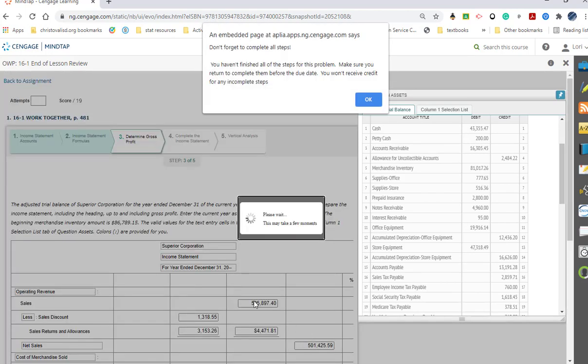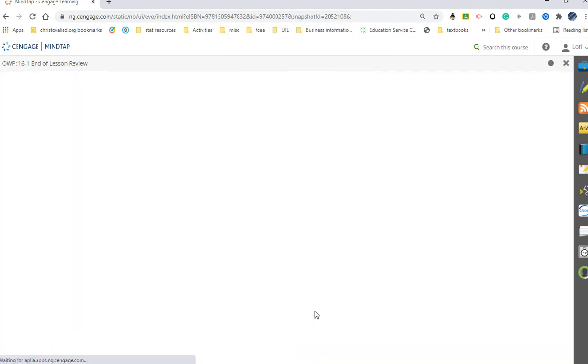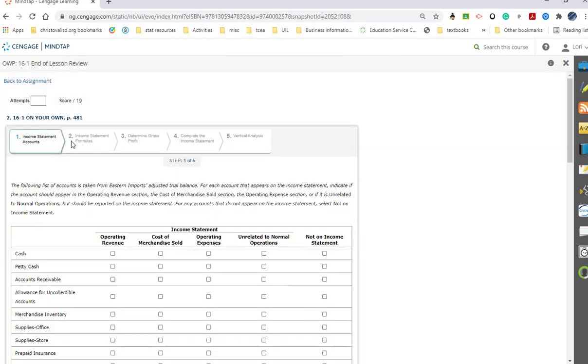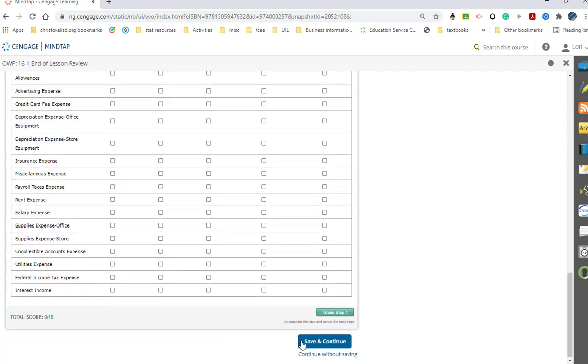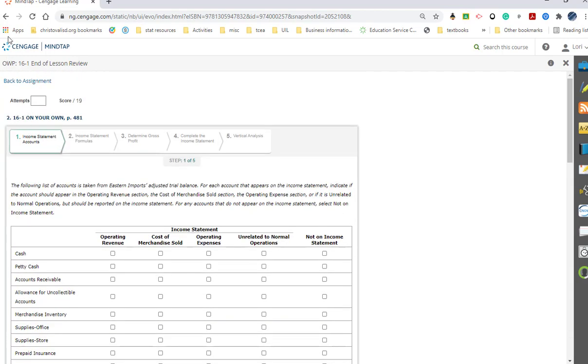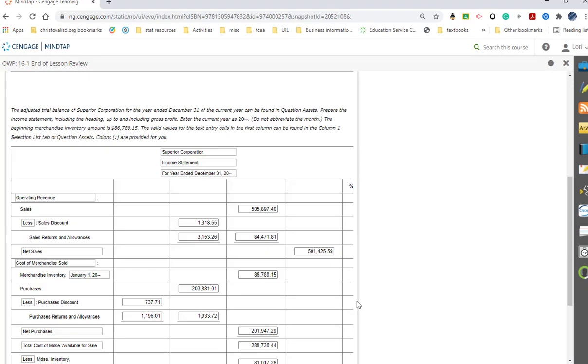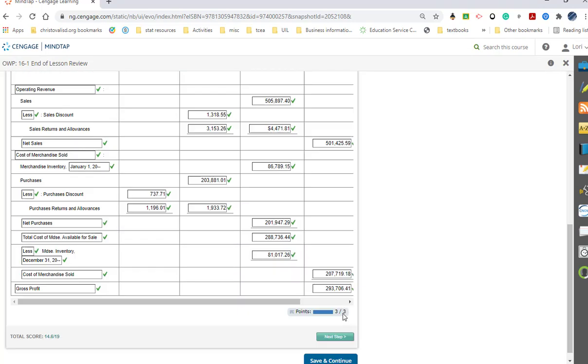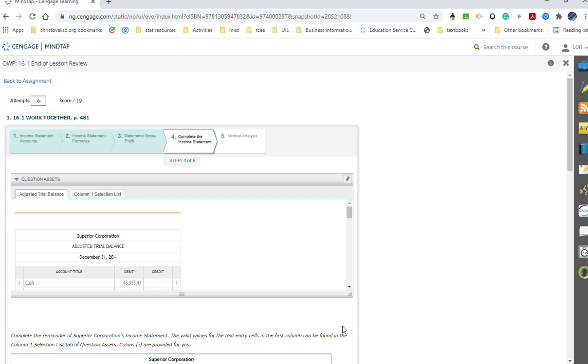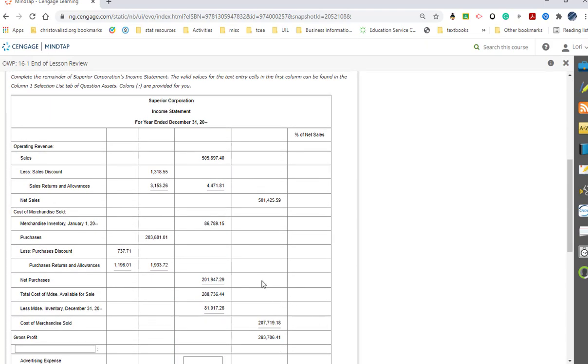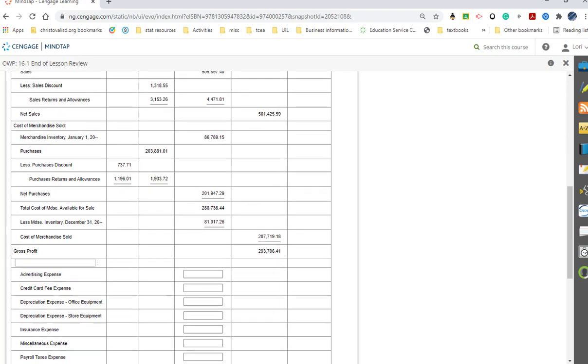So we're going to go on to the next step. Oh, I clicked the wrong thing. So now we're in our next section, which is our operating expenses. And so we've done all of our income from operations.